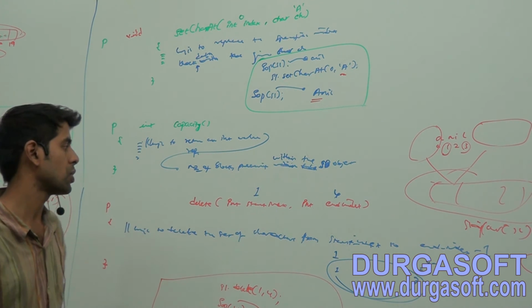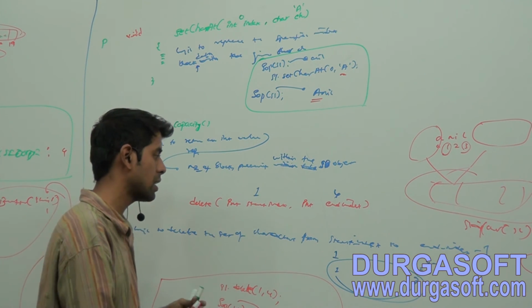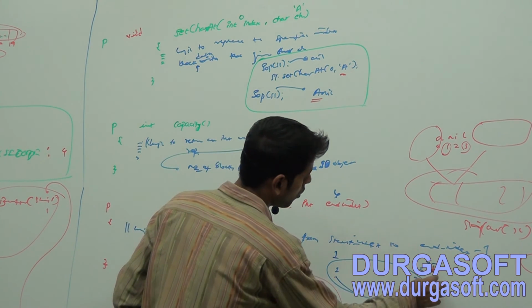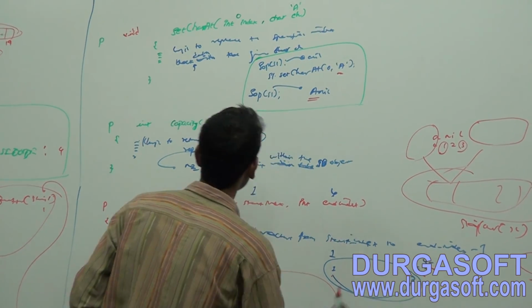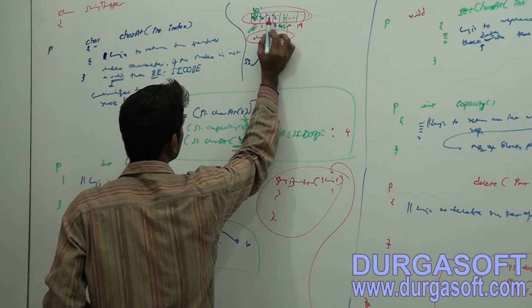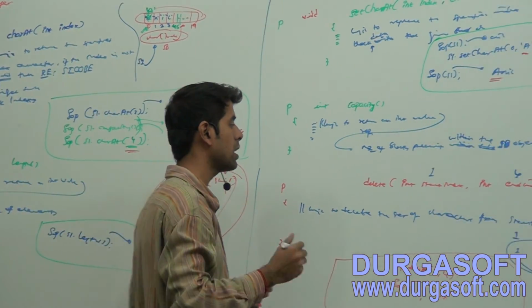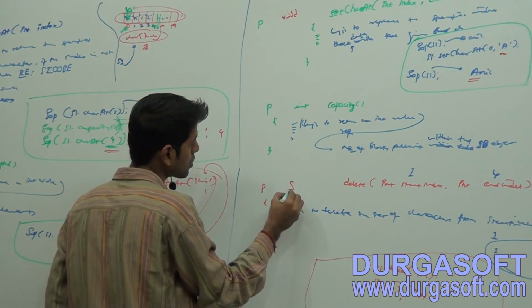If I specify 1 comma 4 here, it will consider 1 comma 4 minus 1, that is 3. From index 1 to the third index, it will delete all the characters, and it will return that modified StringBuffer object.